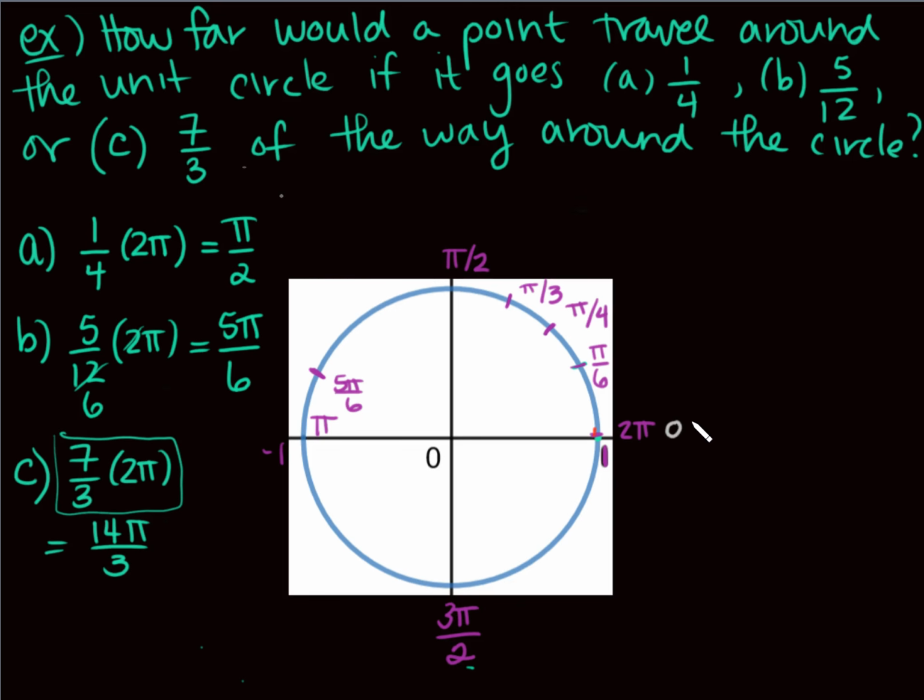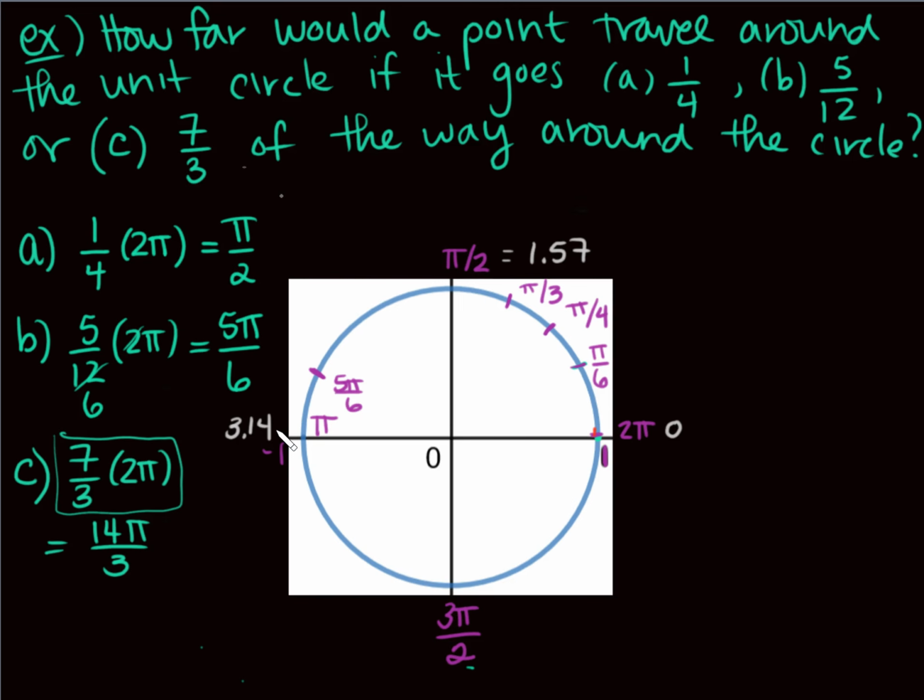If I'm starting out here, this would be 0. We know what pi is. Pi is approximately 3.14, right? So if I take pi, put this into my calculator, and divide it by 2, then if I've traveled up to here, this is about 1.57. We obviously know pi is about 3.14.